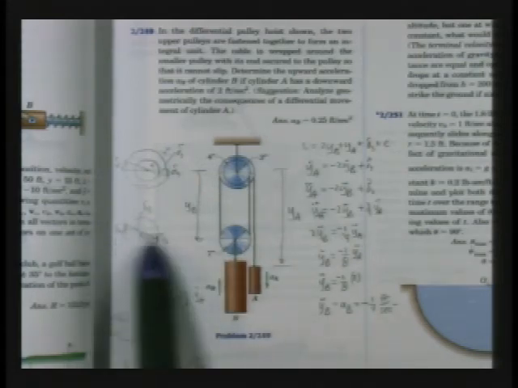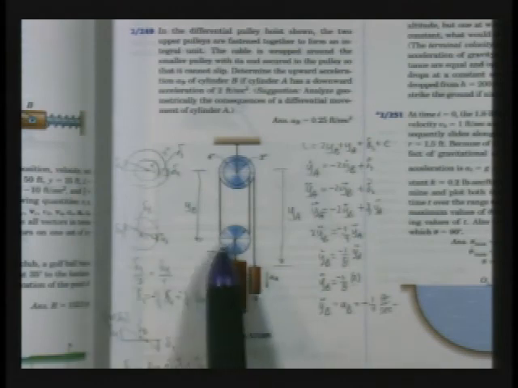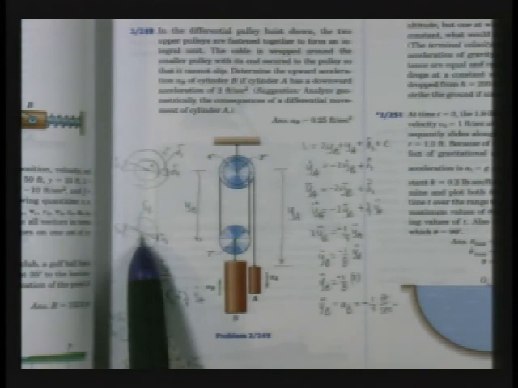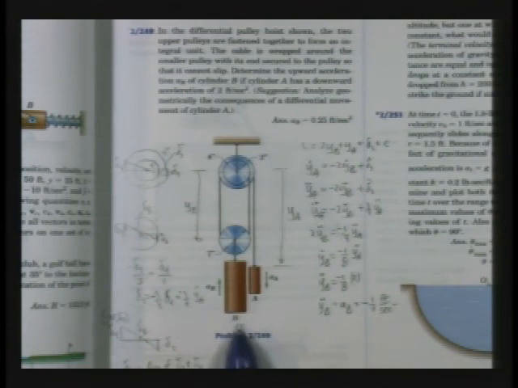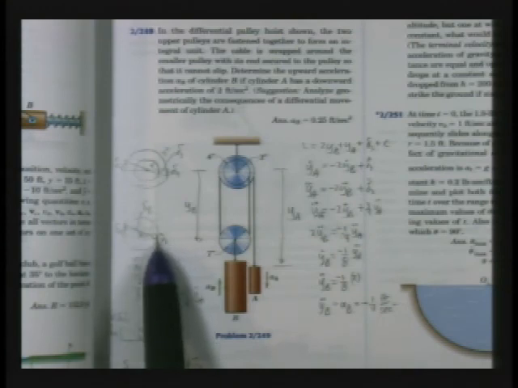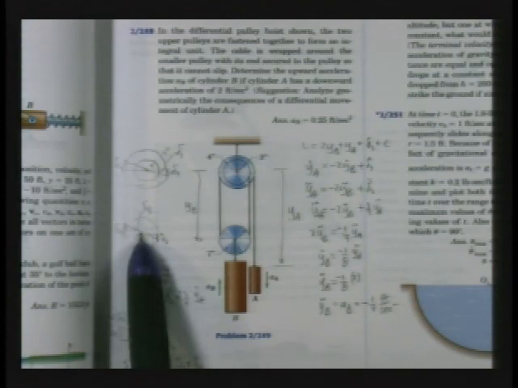Now the diameter of this lower pulley is 7 inches. And you can see how that lines up above here. So what happens is the center of this lower pulley is where the cylinder B is attached, in the center. And you can see that this displacement profile here is offset a little bit.